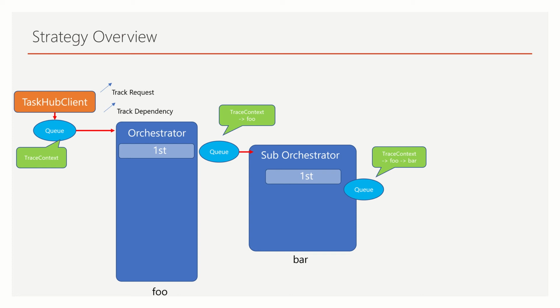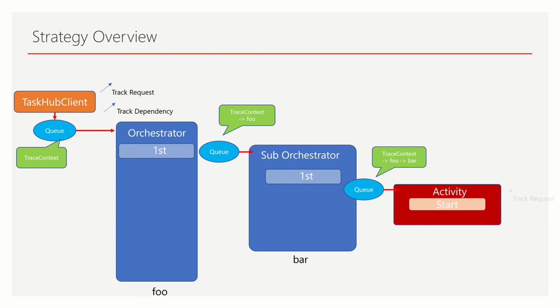The second one is bar, the sub orchestrator. Now we have two trace contexts, which have a parent and child relationship between them. The sub orchestrator then starts a queue message and tries to execute an activity.